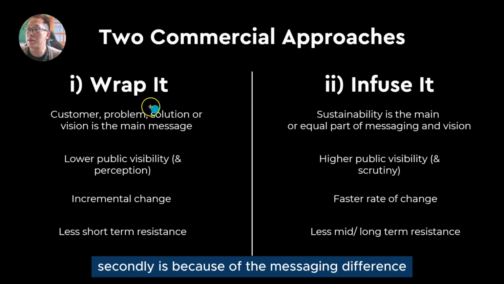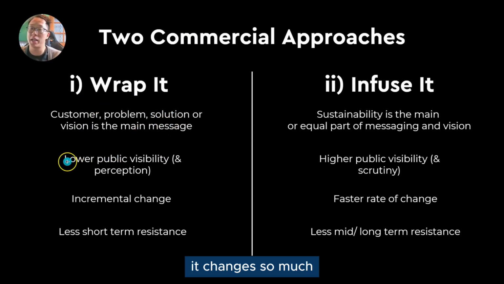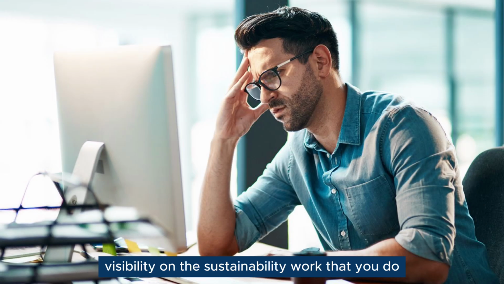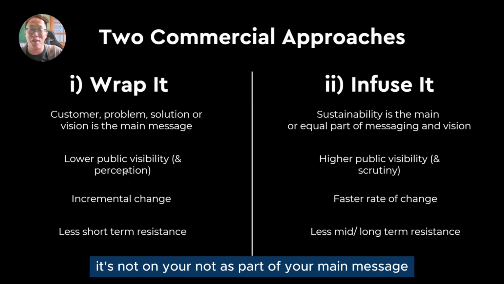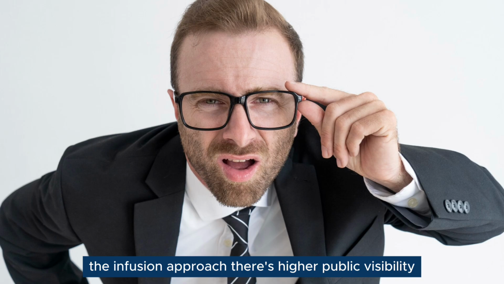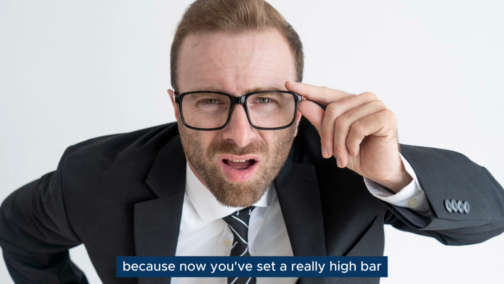Secondly, because of the messaging difference, it changes so much. The first thing is that there's going to be lower public visibility on the sustainability work that you do, and that affects your perception. It just makes it look like you're not doing it because you never talk about it. It's not part of your main message. Whereas with the infusion approach, there's higher public visibility, but there's also scrutiny that comes with it, because now you've set a really high bar and they're like, well, is this really more sustainable?